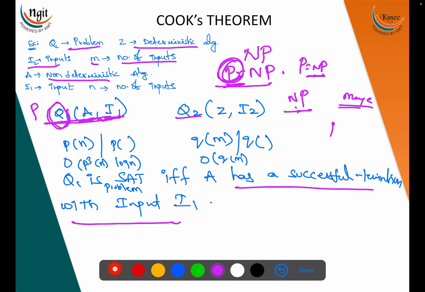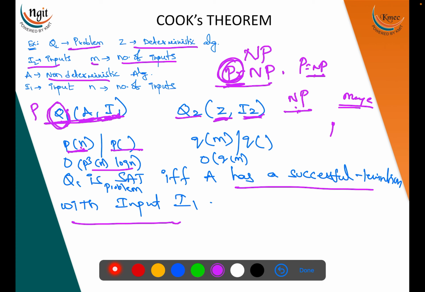If the length of I is N and the time complexity of A is P of N for some polynomial P, then the length of Q is of the order P cube of N log N. A deterministic algorithm Z says that the outcome of algorithm A on any input I can be easily obtained.